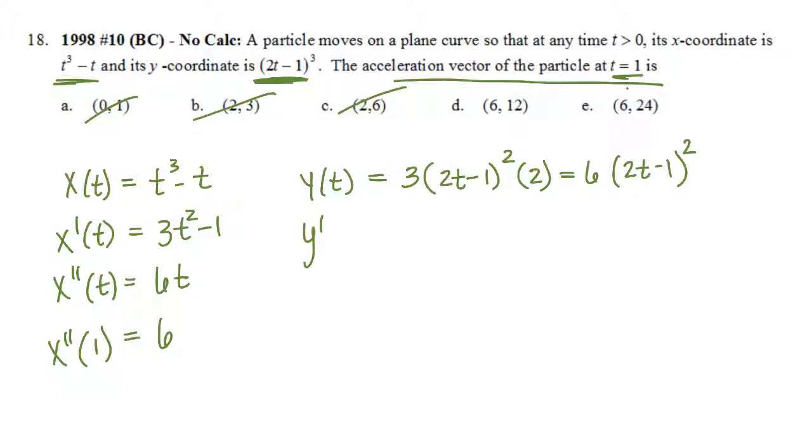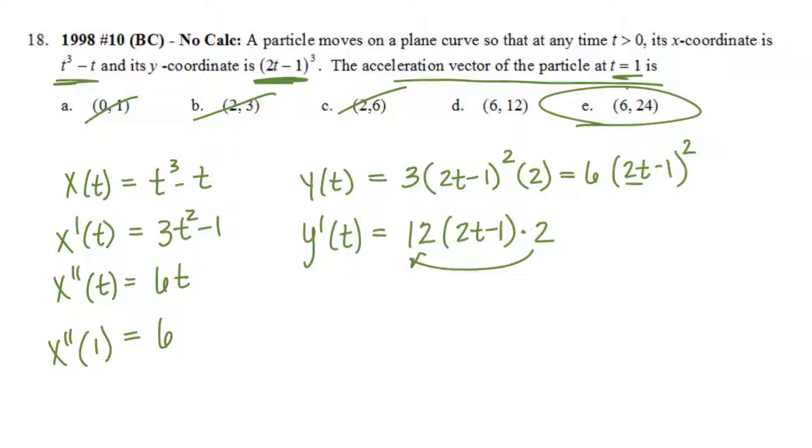And then our acceleration, or our velocity here, we're going to have 12 times 2t minus 1. And then times the derivative of the inside times 2. And already we can see this is probably going to end up being a 24 here if we do our derivative again. So that's going to be answer choice E.